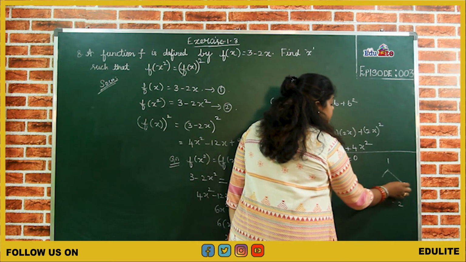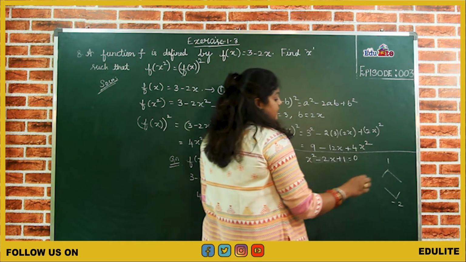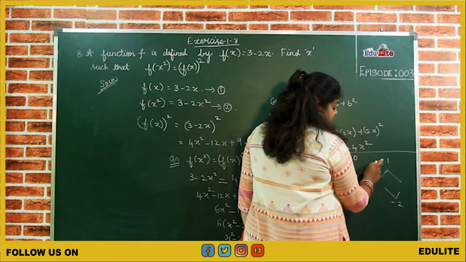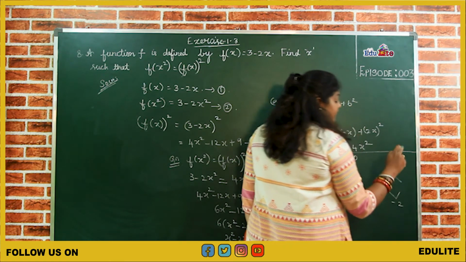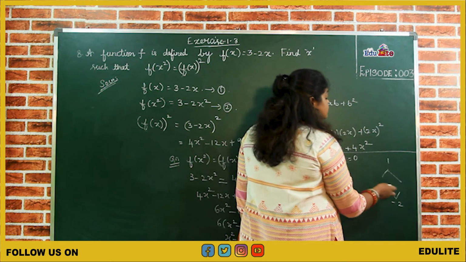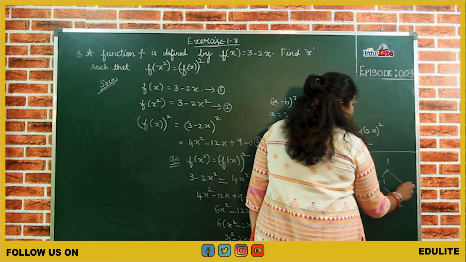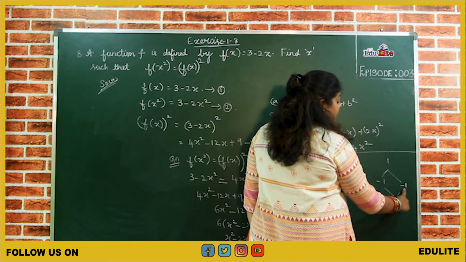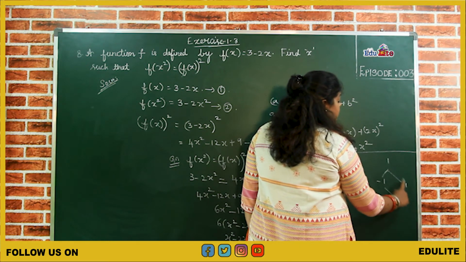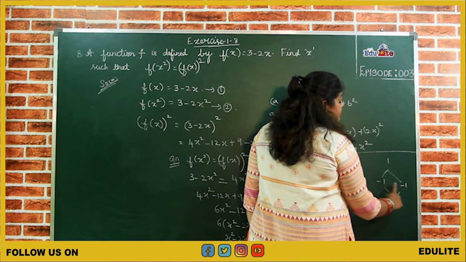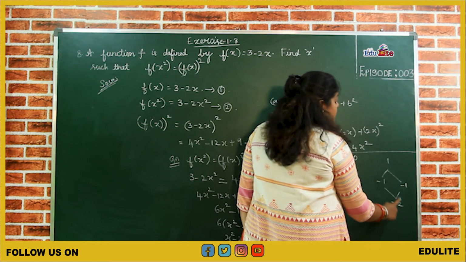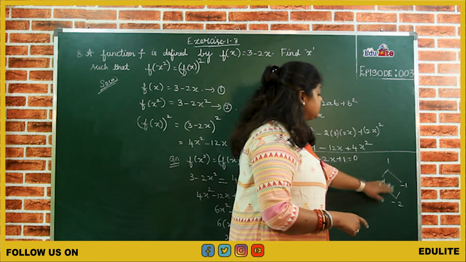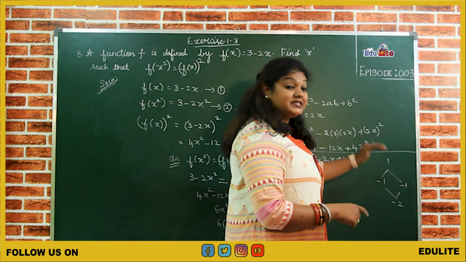I am going to choose the two factors as minus 1 and minus 1, because minus 1 into minus 1, minus into minus is plus, 1 into 1 is 1. And minus 1 plus minus 1 will give us minus 2. So minus 1 is the factor which satisfies the given conditions.